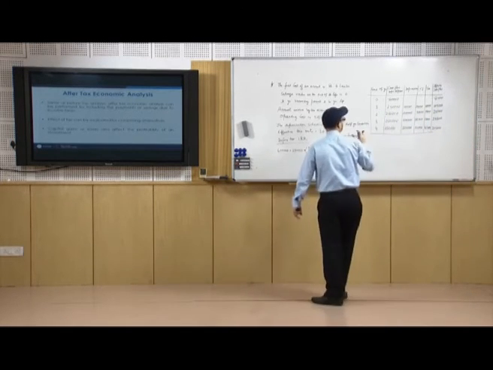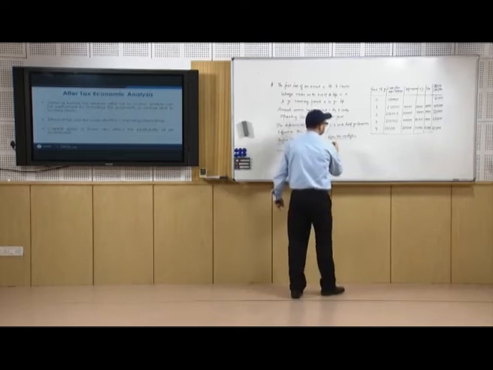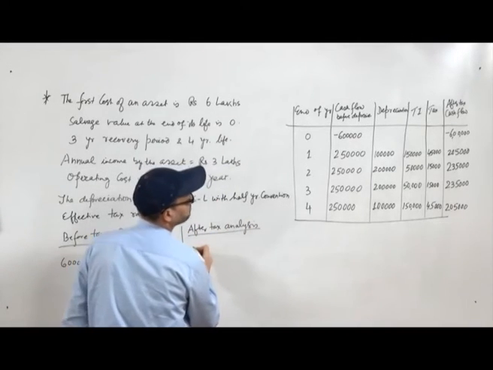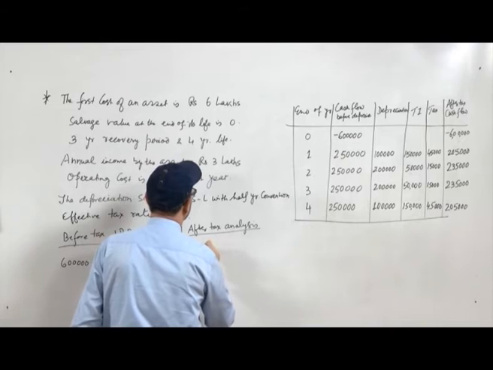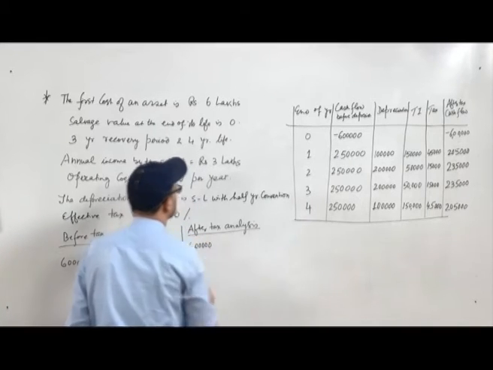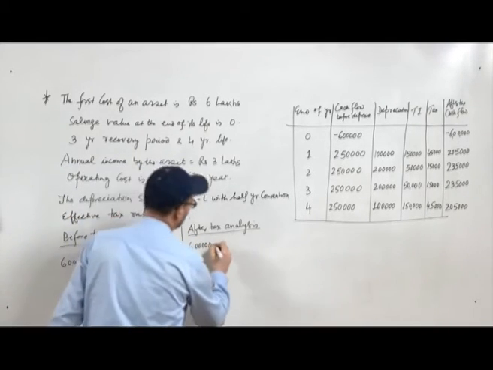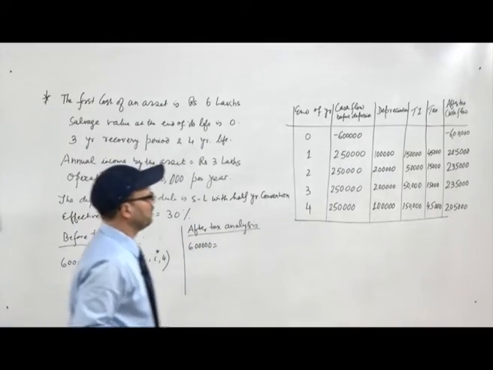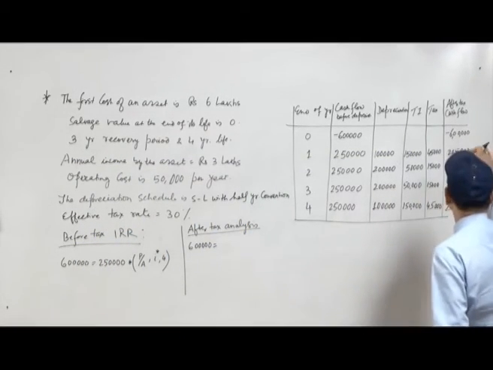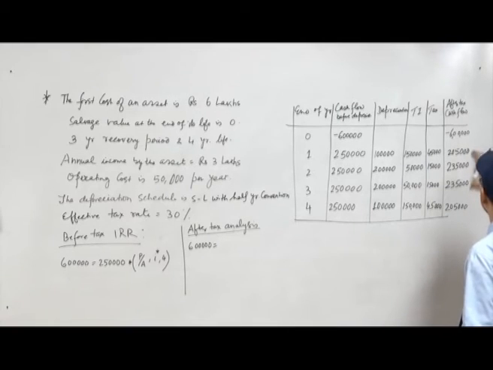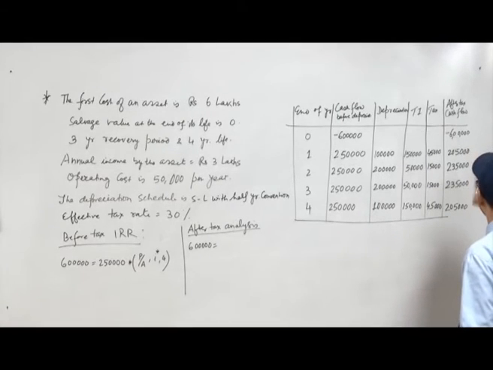So, this can be taken like this: you have 6 lakh, and it will be equal to 2,05,000, which is the amount for these 4 years.